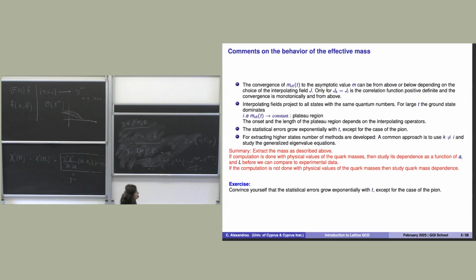Okay? So all these 2-point correlation functions have noise that grows exponentially, the errors, with t, except for the case of the pion, and the reason is that the pion is the lowest state we have in QCD. We don't have anything lower in mass.